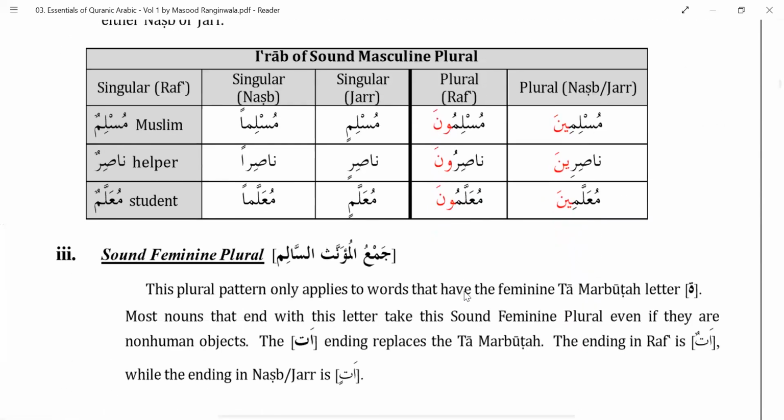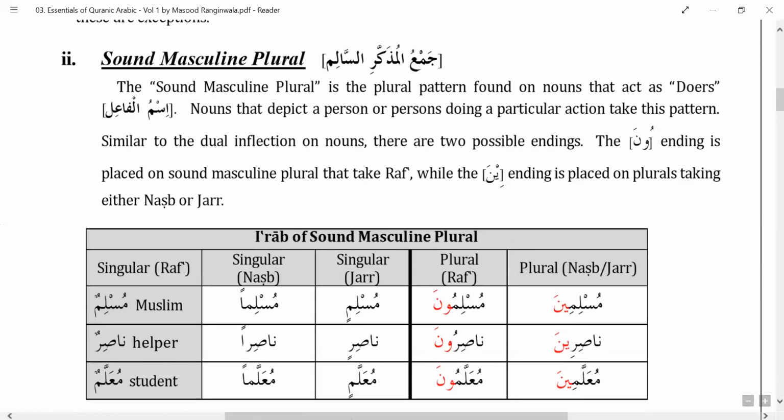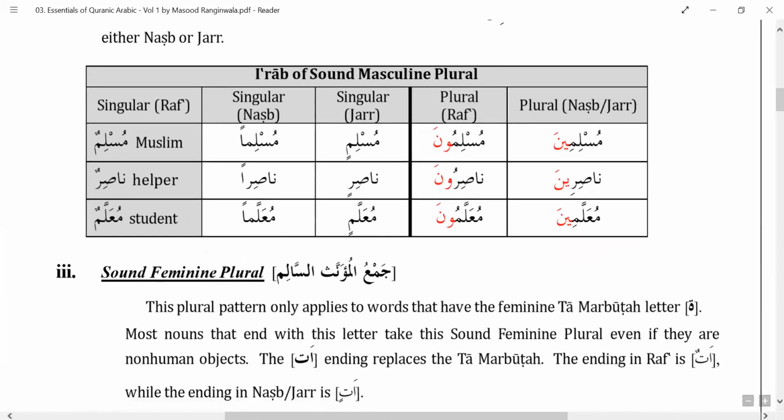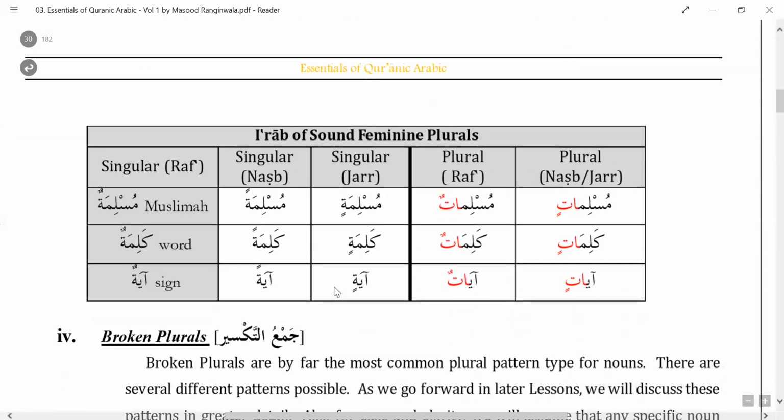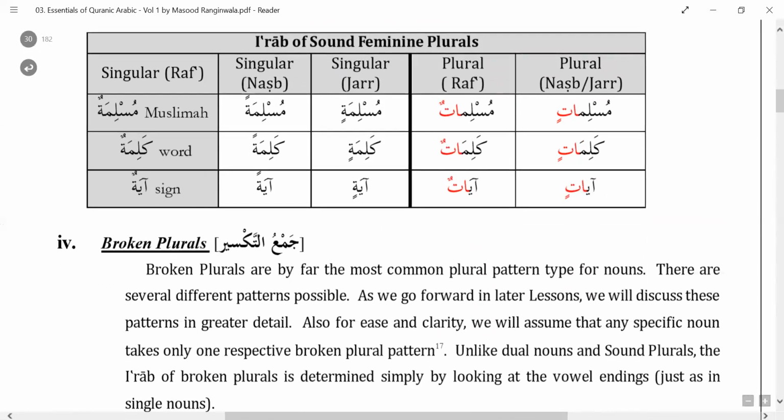That is why you have sound plurals, which is Jamul Muzakkar Salim. Salim is sound. And for feminine, the next one is on that, but I'll come to that. Jam'u taksir means broken plural. Kasara means to cut or to break. Kasara, kaf, sin, ra.